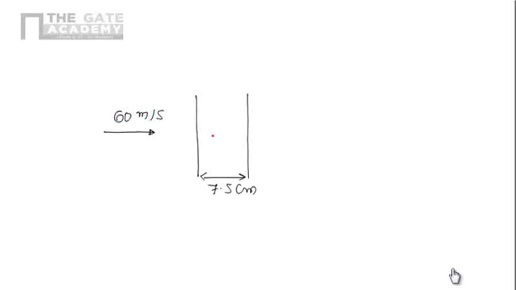In the second case of this problem, in place of the 15 centimeter thick target, we now have a 7.5 centimeter thick target here, and the bullet velocity is the same, 60 meter per second. We know the resistance is acting opposite to the direction of motion, that is in negative x, and 60 meter per second is acting in positive x direction.